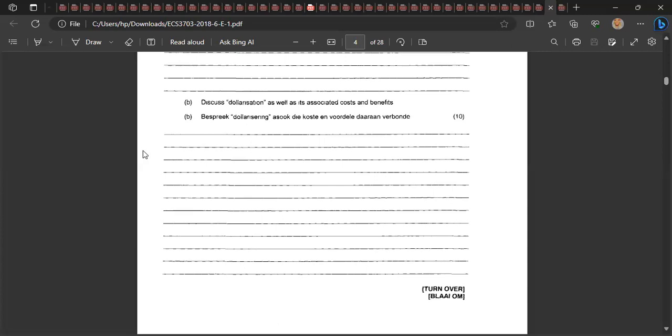You have to give a country for dollarization, and then with the currency board agreement, you have to give an example on both ends, with the discussion of the dollarization and then the cost and the benefits, to obtain the full 10 marks. But I'm gonna send the notes. Please do.